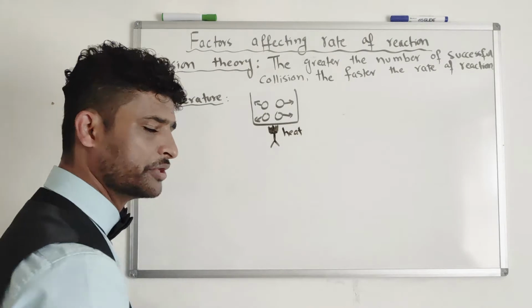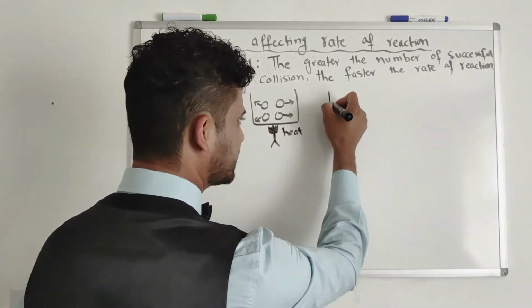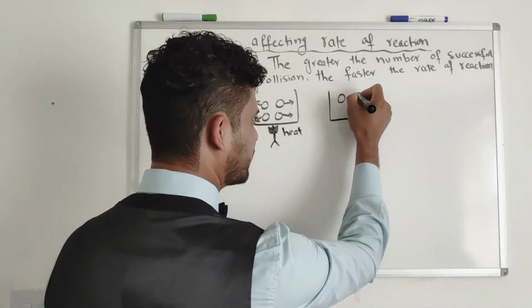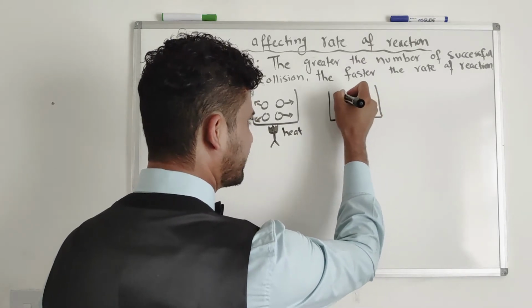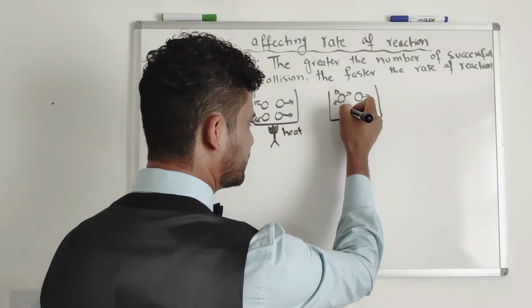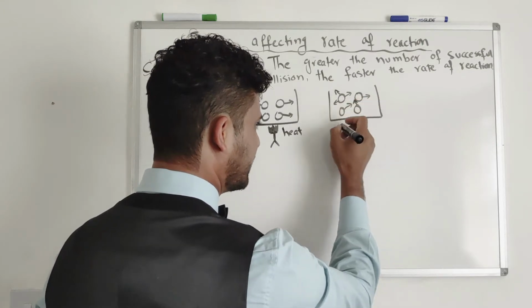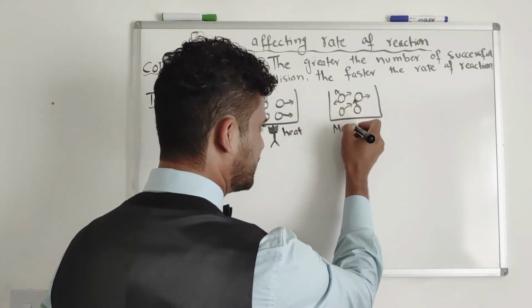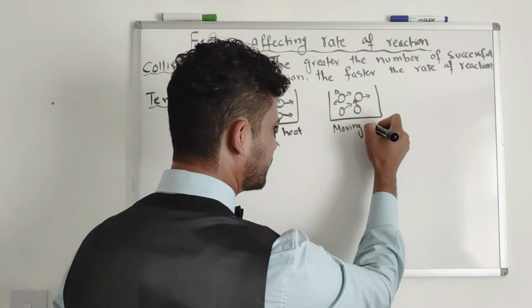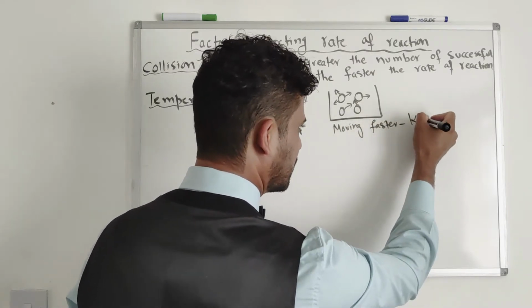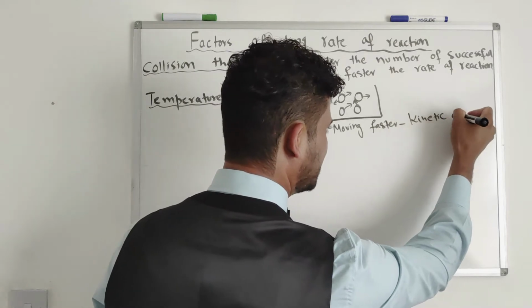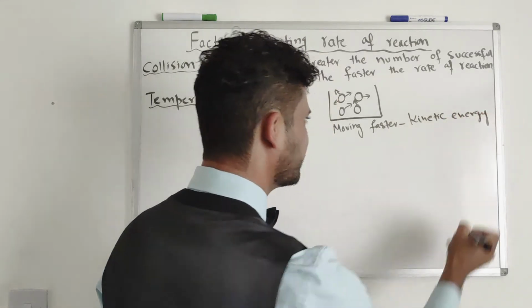the temperature by using heat, you will see that the particles start moving quickly and they will hit each other very quickly as well. And the kinetic energy will be increased.